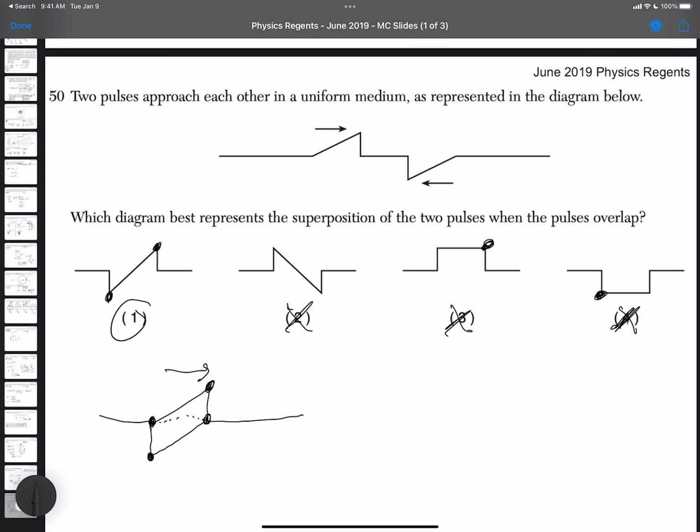For a little bit of a sanity check, we should expect at this spot of symmetry in the middle here, there should be just as much above as below, so we should cross through 0 here. That's a feature that's also missing in answer choice 3 and answer choice 4, but is present in answer choice 2. All right, and so that is a step-by-step guide through the 50 questions of the June 2019 Physics Regents.